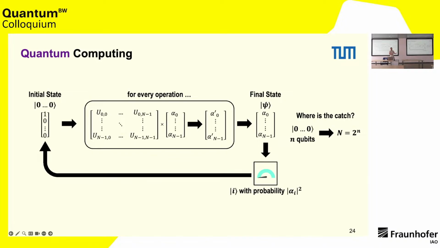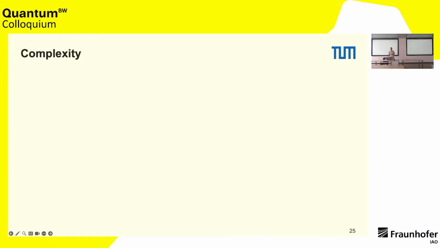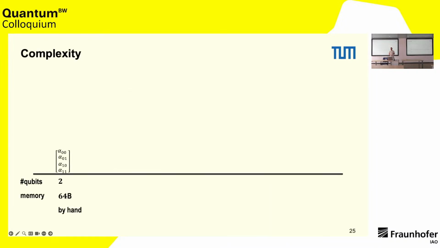Exponential scaling is, since COVID, a much more well-established term for people. People have a much better grasp of what it actually means to scale exponentially. I just want to drive that message home, what kind of complexity we're talking about here. So for a 2-qubit system, you can literally compute everything by hand. We're talking about 4 complex numbers, you multiply them with 4 times 4 matrices, that's it.